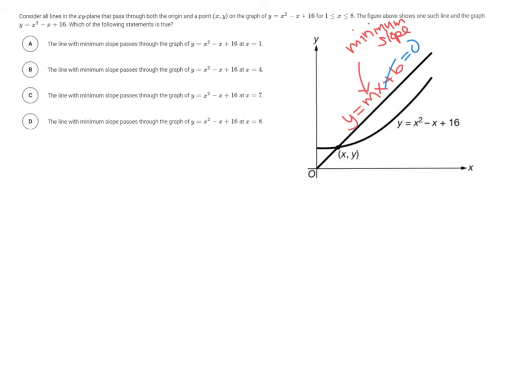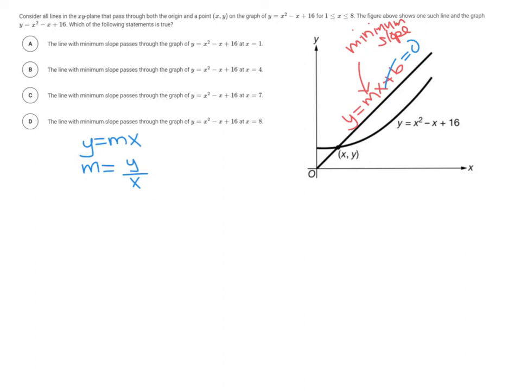So let's go ahead and start by writing, so we know y equals mx. M is the thing we're trying to minimize. That means that we need to solve for m, and then we're going to have to take the derivative of m. So I get m equals y over x. And now I can write this in terms of one variable.